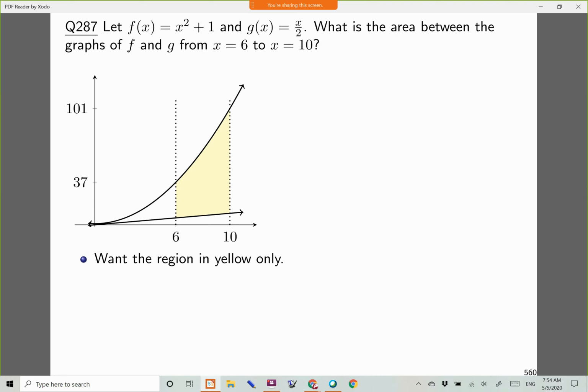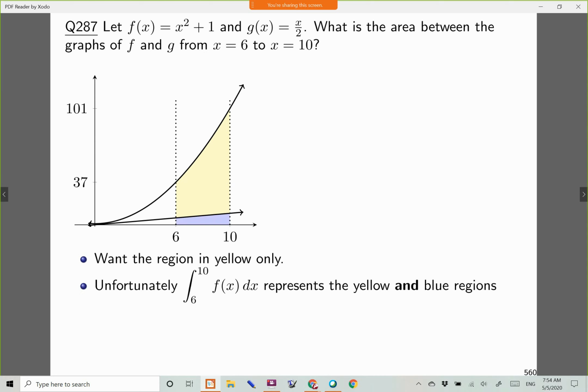Unfortunately, the area that we want is in yellow, but if we set up the integral of f from 6 to 10, it would represent both the yellow and the blue regions. We only want the yellow region right now, so why don't we subtract away the blue area?